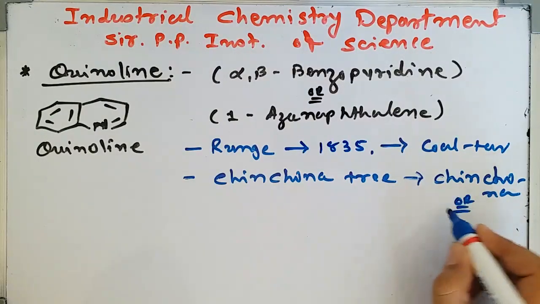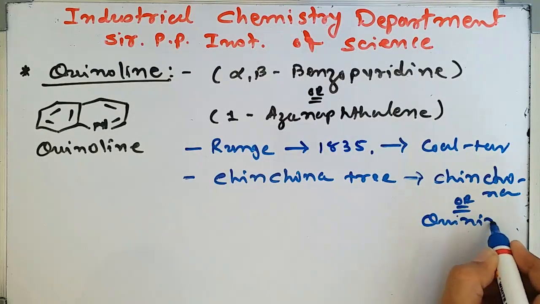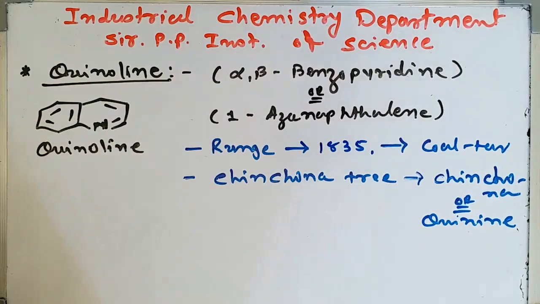Cinchona chemically contains quinine, which is a natural anti-malarial drug. Quinoline was obtained by heating cinchona with alkali. Structurally, the molecule is made by the fusion of benzene and pyridine rings.